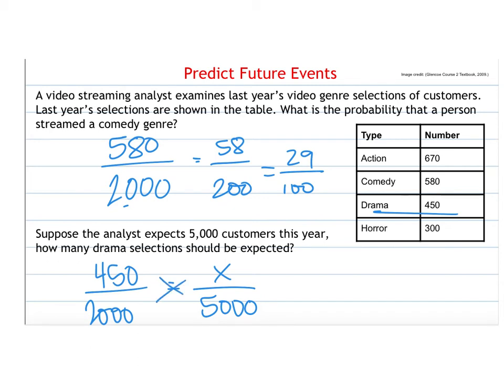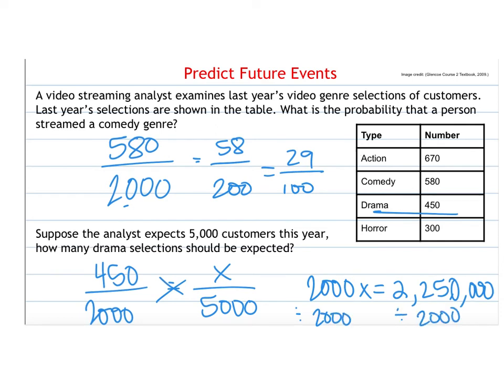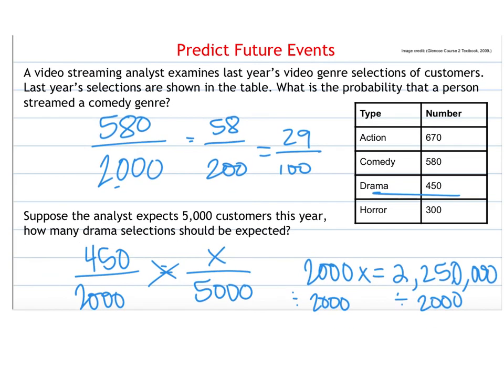So I multiply 450 times 5,000, which would be 2,000x equals, I just used a calculator for this. Divide both sides by 2,000 to solve for x. Hold on, I gotta double check that.